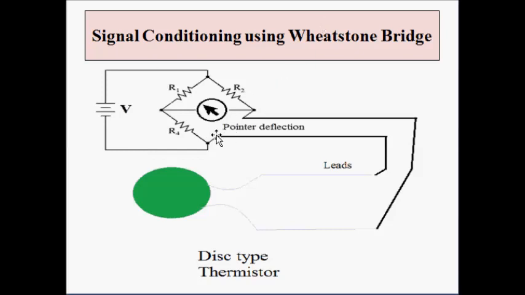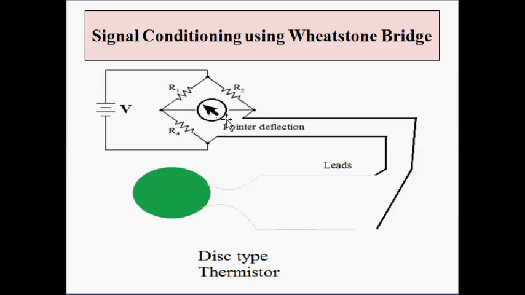There are 4 arms, one of the arms constitutes the thermistor and it is treated as a resistance. It is calibrated at a specific temperature, called the reference temperature, at which the galvanometer shows no deflection.